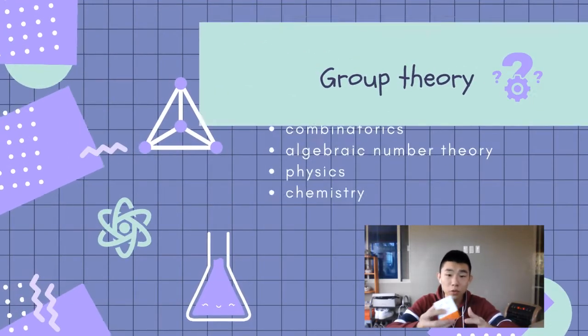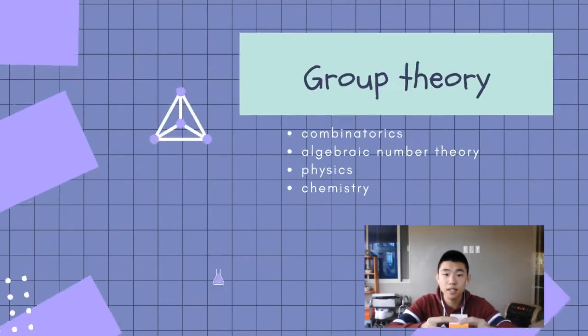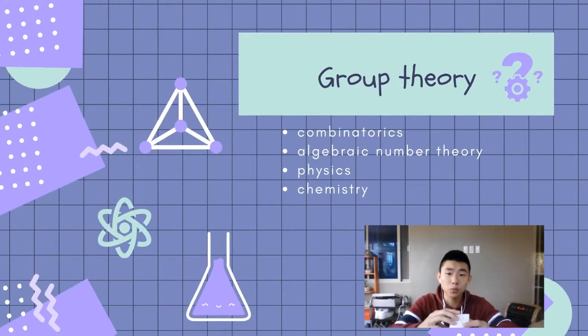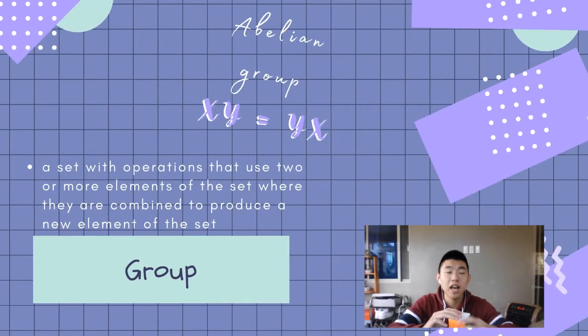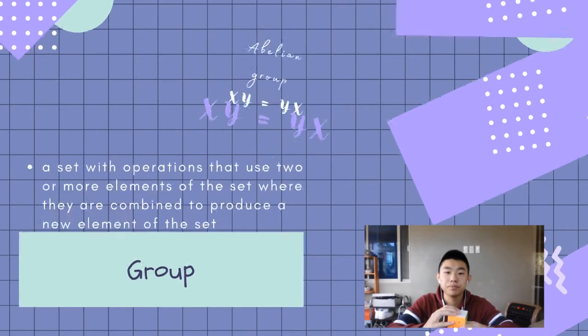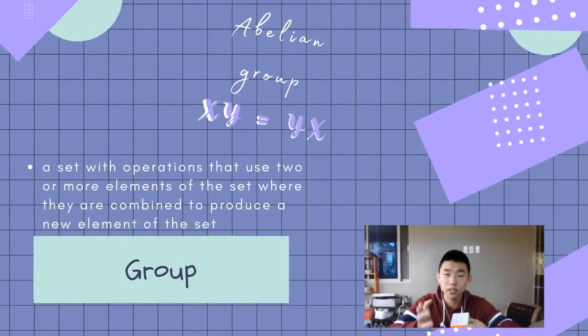Well, when we define a group, it is basically a set with operations that use two or more elements of the set, where they are combined to produce a new element of the said set. A simple example of a group is what we know as the Abelian group. This is found in basic algebra, where its law of composition is commutative.